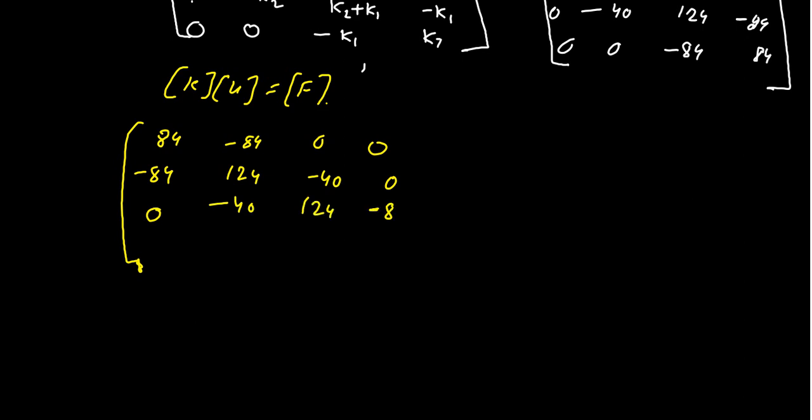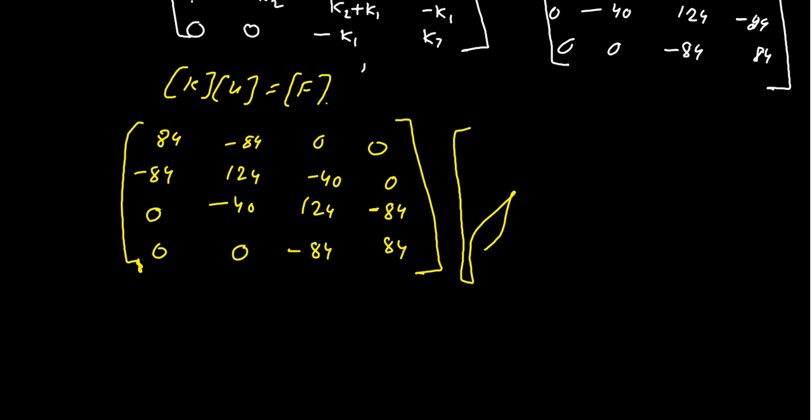Now similarly we'll write the U value. U is the unknown displacement, like U1, U2, U3, U4, equal to F1. Where for F1 there is no force applied, so you can write 0.